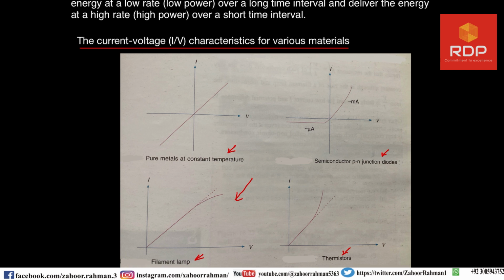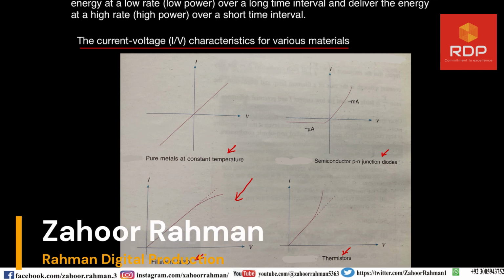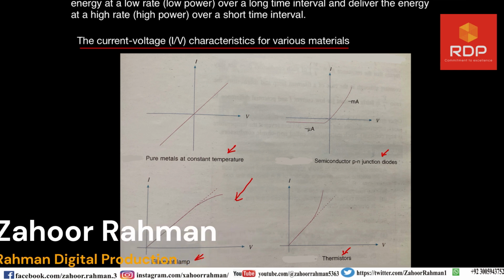In the pure metal, you can see that it is a straight line passing through the origin. This shows that the resistance will remain constant, since the voltage and current ratio is the same.